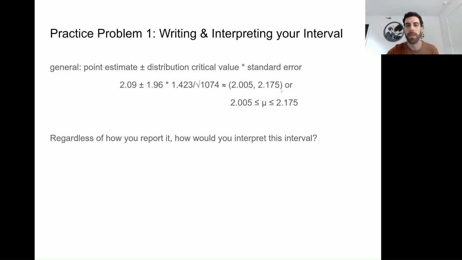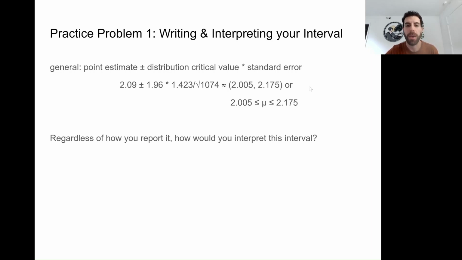You could write it like this with the normal parentheses because we want to include the lower and upper bound. Or you could write it in this format where I say my true parameter mu is greater than or equal to 2.005 or less than or equal to 2.175. All three of those convey the same information. It's really a matter of your choice how you want to write it.